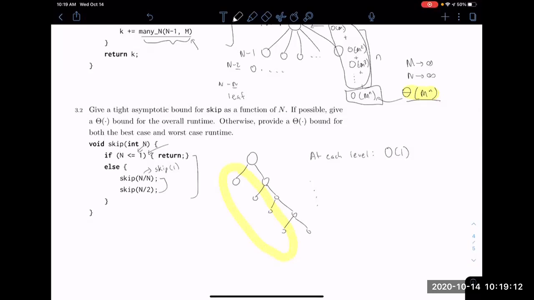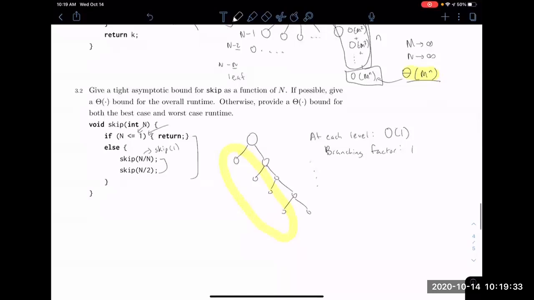So our branching factor is pretty much 1, because again, these branches just have constant runtime. We just ignore them, and they don't branch out themselves. If they branched out themselves, then you'd have to take them into consideration. But since they don't, you don't really need to worry about them.